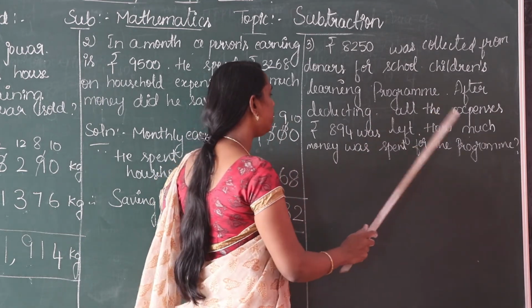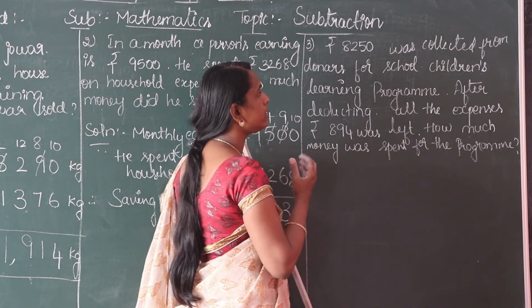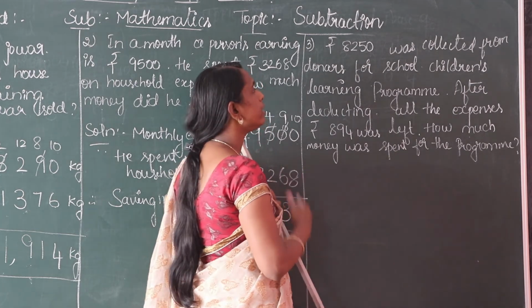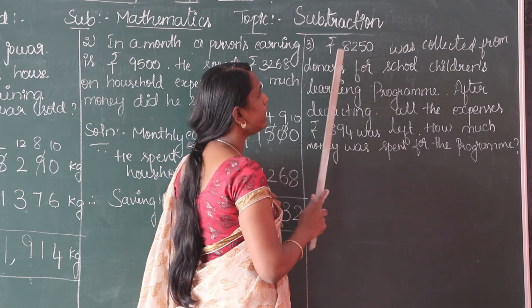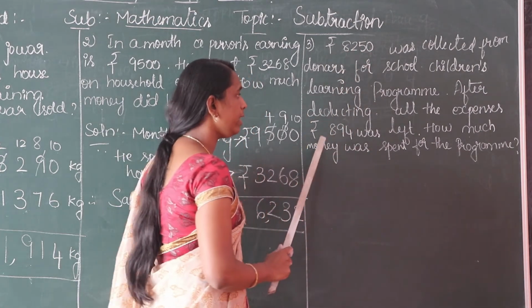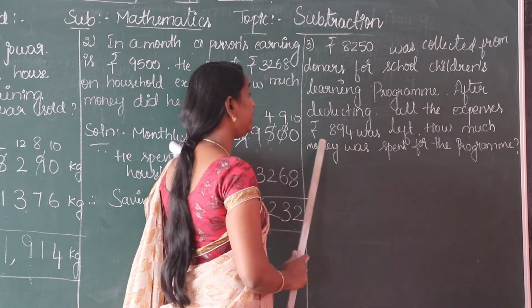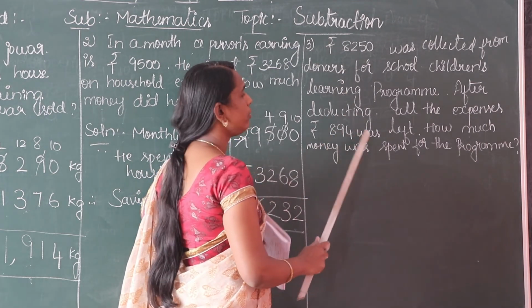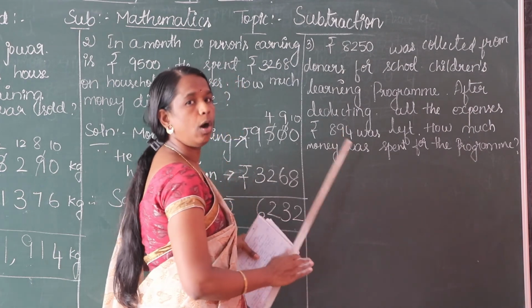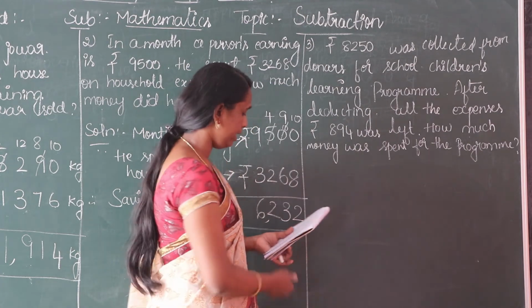So, how much money was spent for the program? The first donation given to the children's program is rupees 8,250, but the remaining amount is only 894. So we have to calculate how much money was spent for the school program.